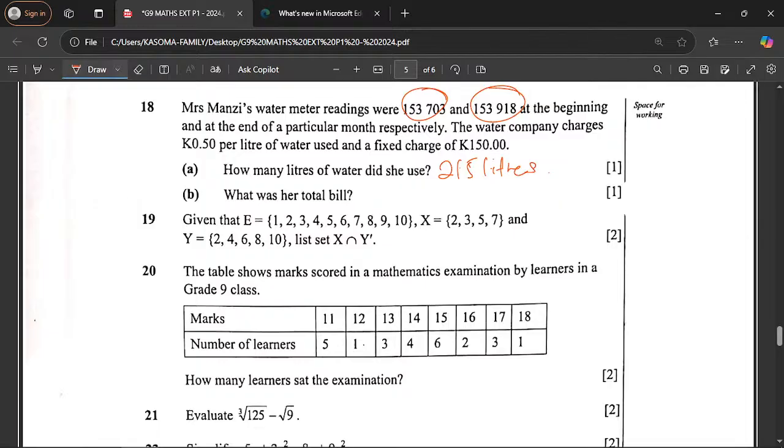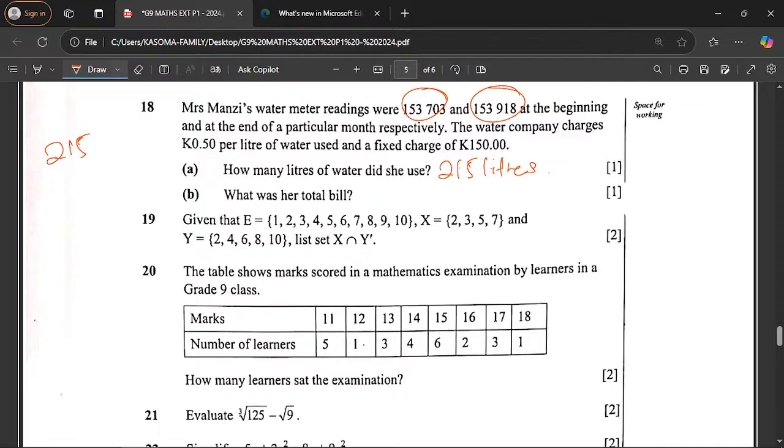What was her cost? Remember, she used 215 liters. So we need to multiply that by the cost of water per liter. So 215 times 0.5.